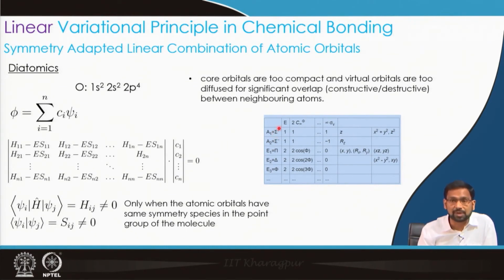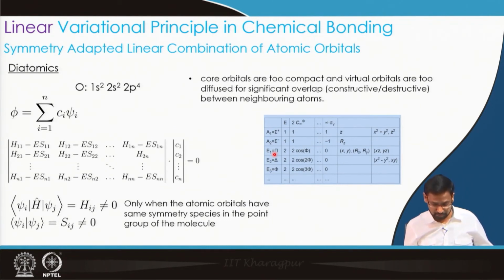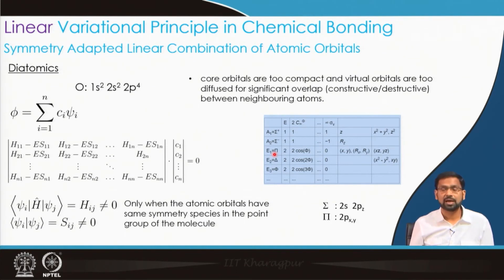So, this belongs to sigma plus symmetry. 2pz also belongs to sigma plus, the totally symmetric. 2px and 2py, they belong to this pi irreducible representation, which is a doubly degenerate irreducible representation. Now, so what we have? We have got 4 atomic orbitals. 2 of them have sigma symmetry, sigma plus to be specific. 2 of them, 2px and 2py, they have got pi symmetry.